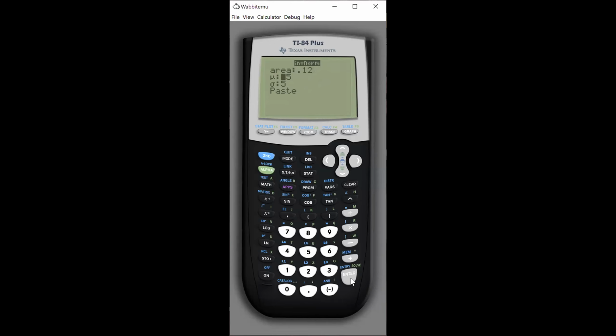Mu will be 42,500. And lastly, sigma will be 3,200. So if you go to paste, press enter, and we get 38,740.04.